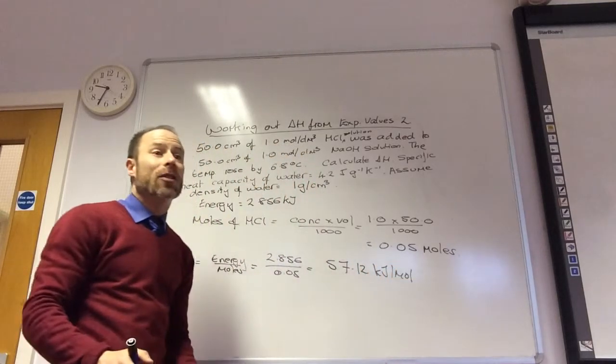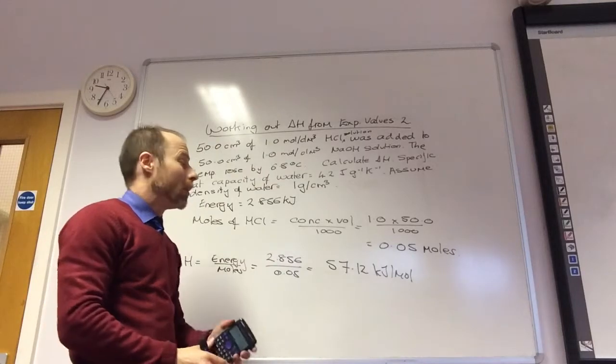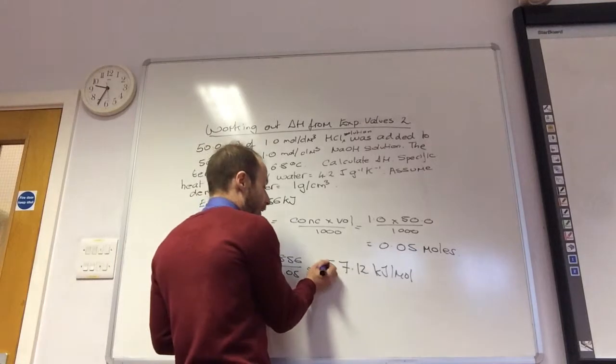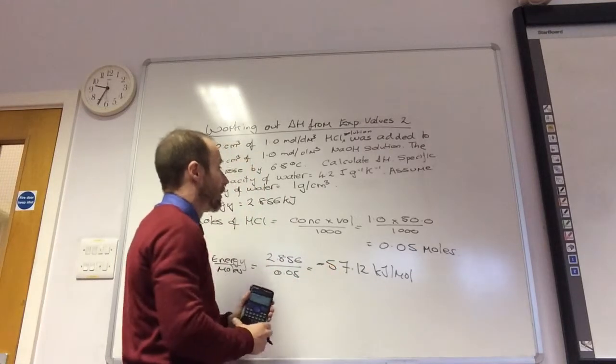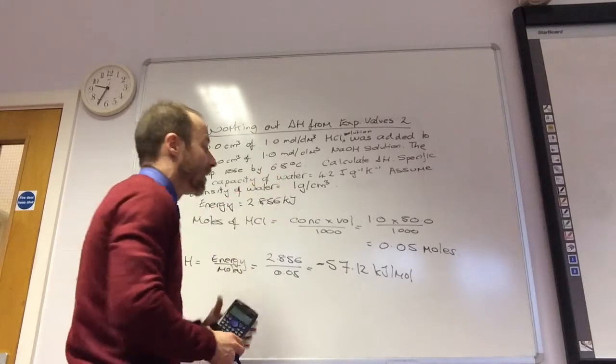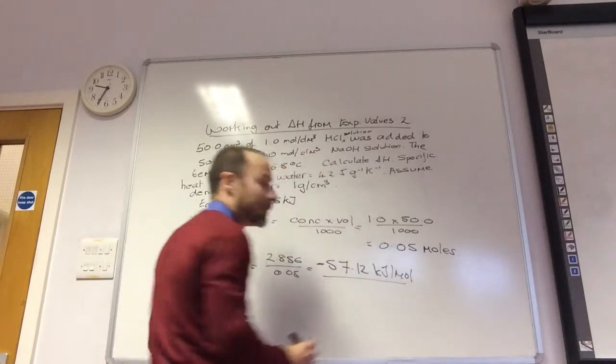What do I now need to do? What do I need to add here? Minus. Why is it a minus? Because it's an extra. Yeah, it went up by 6.8 degrees C. So that's my final answer there.